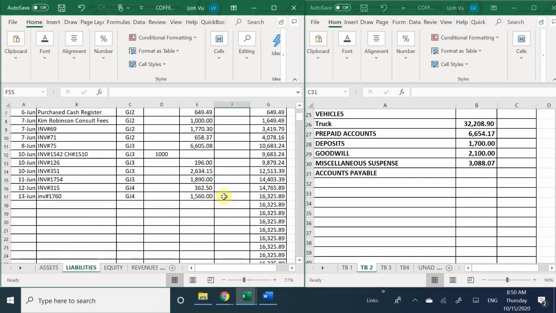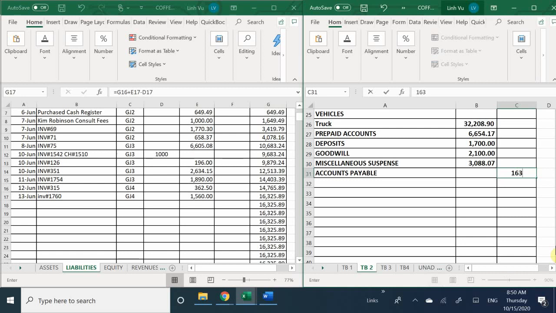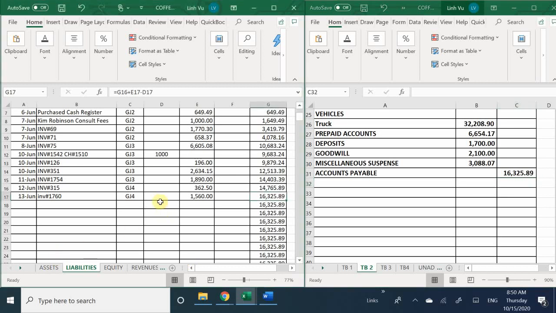At the end of the 14th, based on the last entry I've placed here, my current balance in accounts payable is $16,325.89. I owe a lot of money.